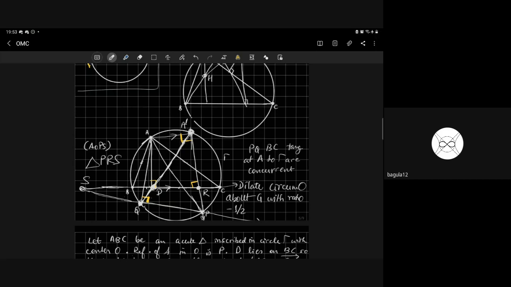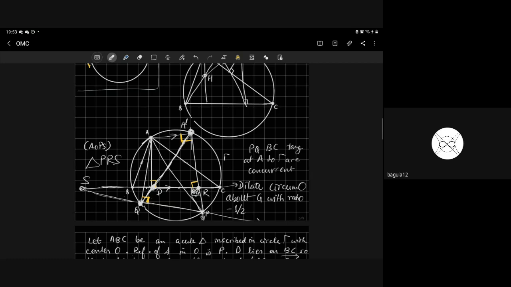Yes, correct. If it lies on the circumcircle of PRS, then some angle condition. And one angle of PRS is 90, correct? If angle PRS is 90, then angle PAS should also be 90 because A lies on the circumcircle.